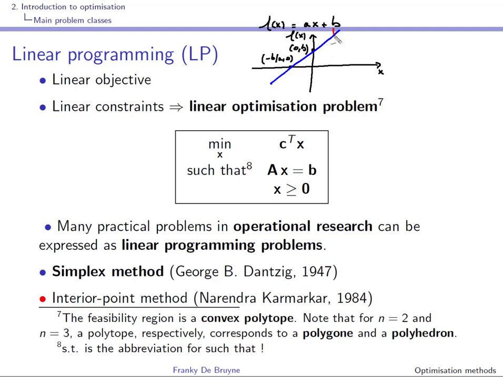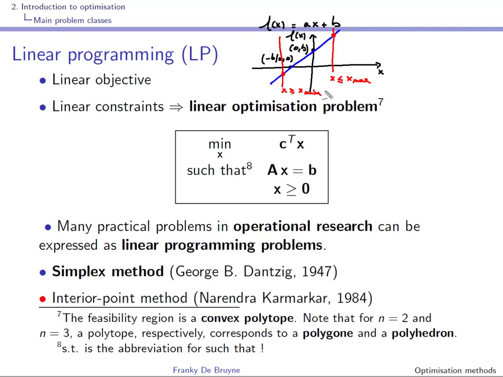So for instance, x smaller or equal to x max, and for instance x larger or equal to x min, right? And in such a problem, if you have a maximization problem, the maximizer will lie over here, and if you have a minimization problem, well, the minimizer will lie over here.